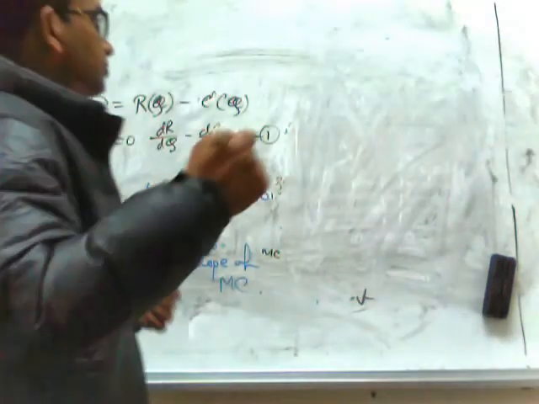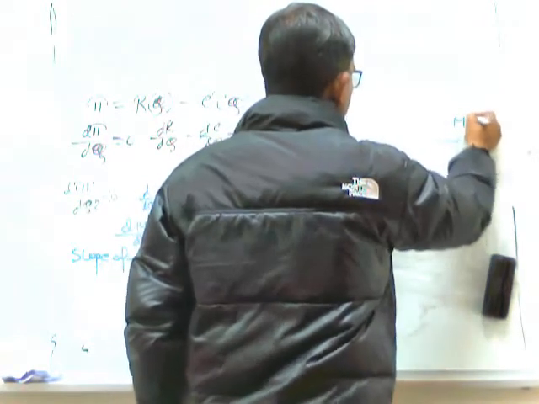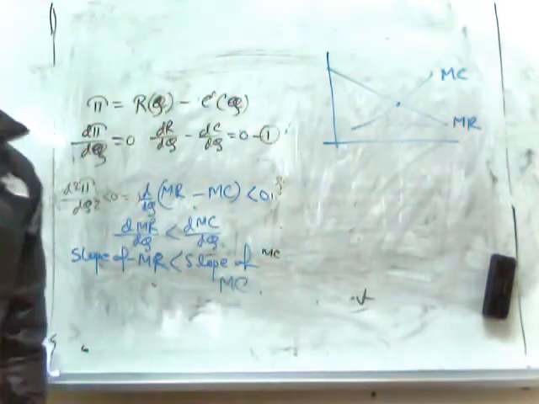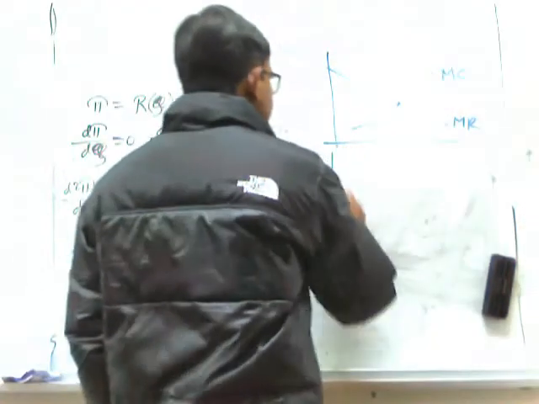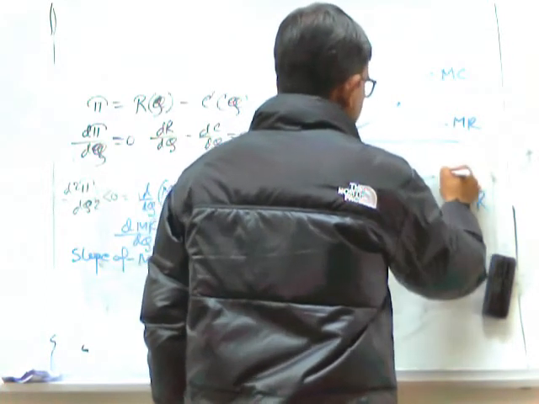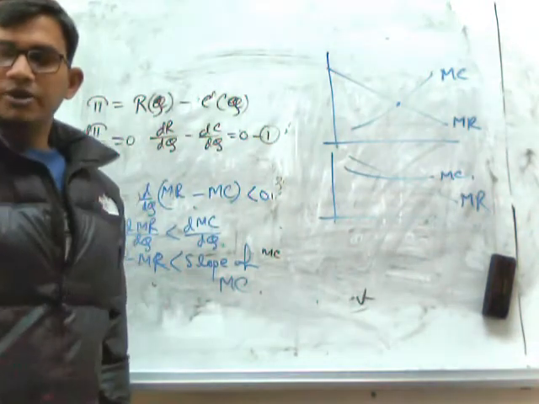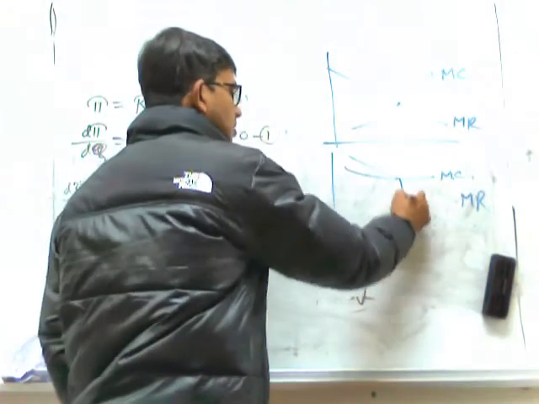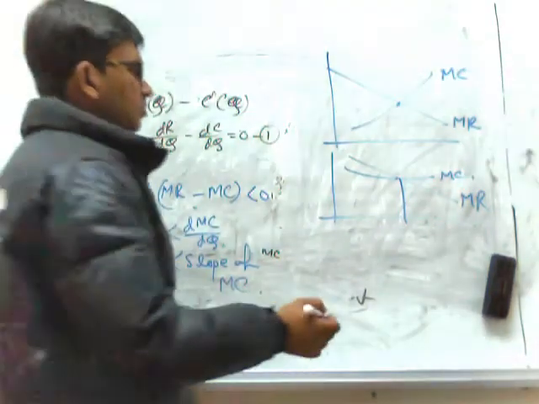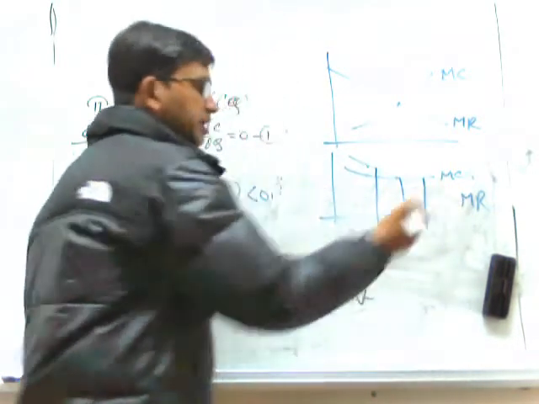So if we see, this is the MR curve, this is the MC curve, definitely it will be the equilibrium point. If we see that this is marginal revenue and this is marginal cost curve, this is also an equilibrium point, because what do you see here, that the slope of MC is greater than the slope of MR. You move to the left side, here MR is greater than MC, you move to the right side, MC is greater than MR.